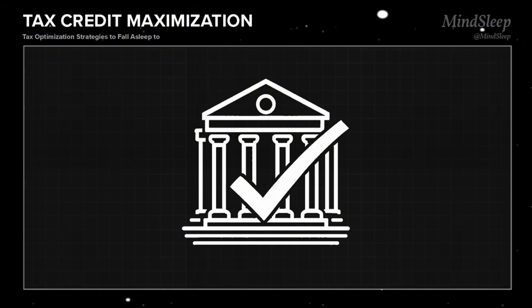From a philosophical standpoint, the existence and structure of tax credits raise interesting questions about the role of government in shaping economic behavior. Are tax credits an efficient means of achieving policy goals, or do they unnecessarily complicate the tax code?